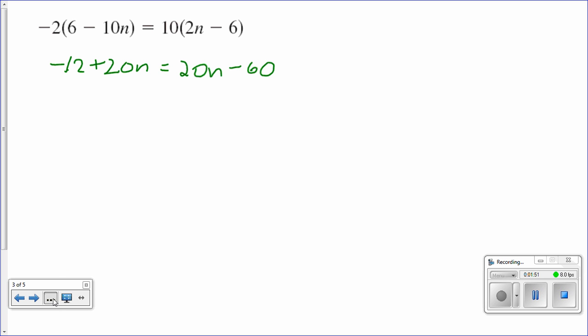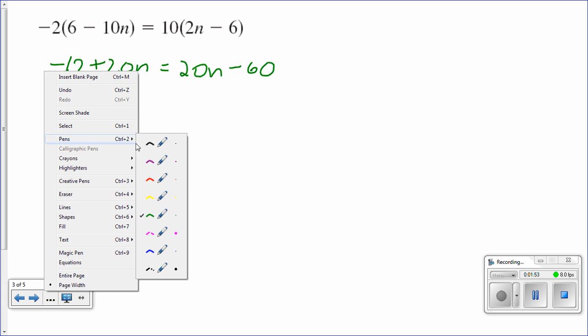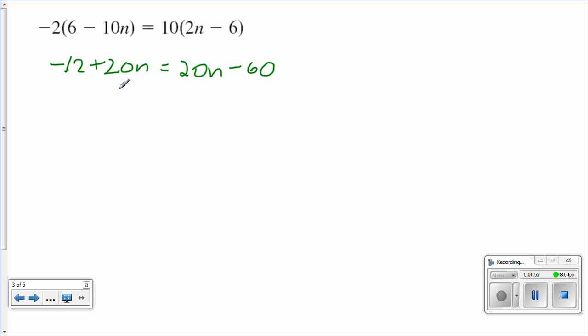Well, doesn't it make sense that these 20 n's here and these 20 n's here on opposite sides of the balance weigh the same amount? So they basically cancel each other out. So what's left is negative 12.